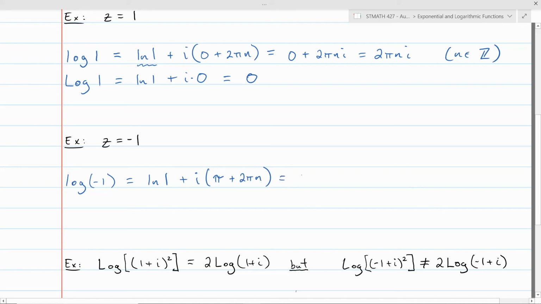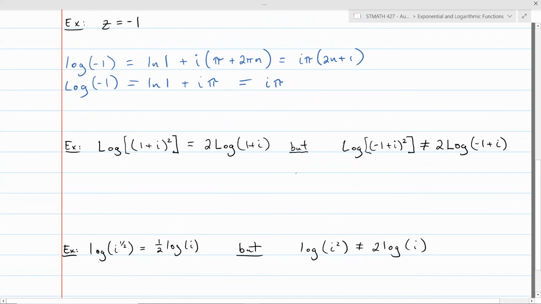Or we could simplify that by saying it's i times pi times 2n plus 1. So it's sort of like the odd multiples of pi. And then the principal value of the logarithm would be natural log of 1 plus just i times the principal argument, which would be pi. So just i times pi is the principal value of the logarithm at negative 1.